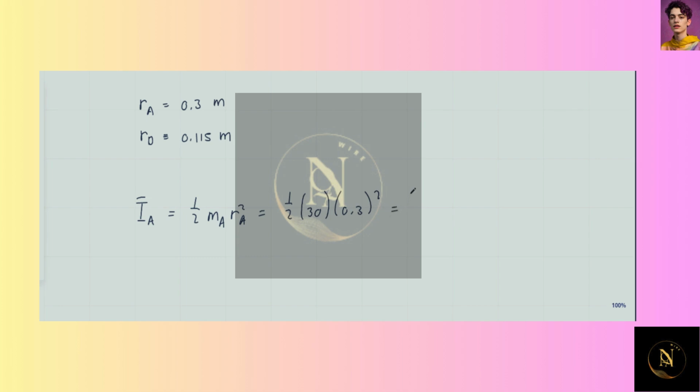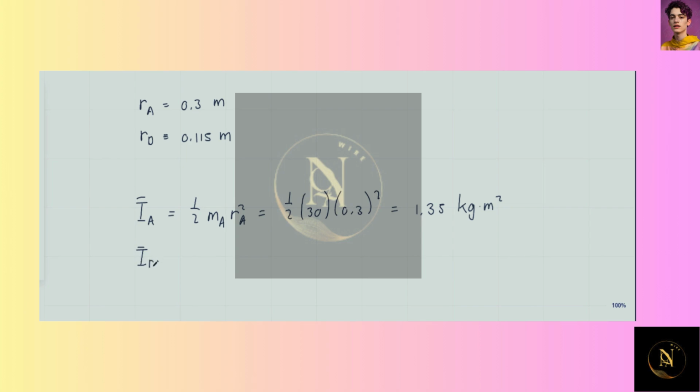And so we get the mass moment of inertia for disk A to be 1.35 kg meter squared.